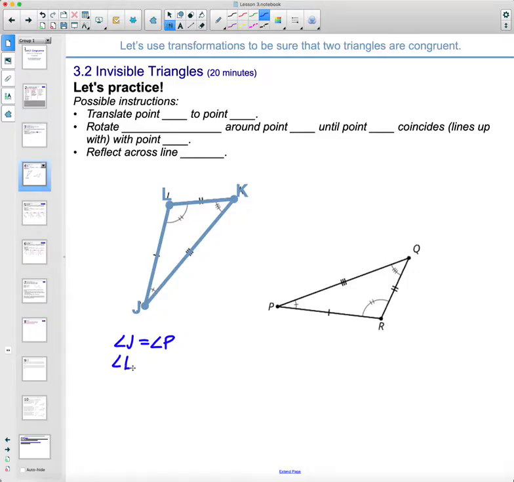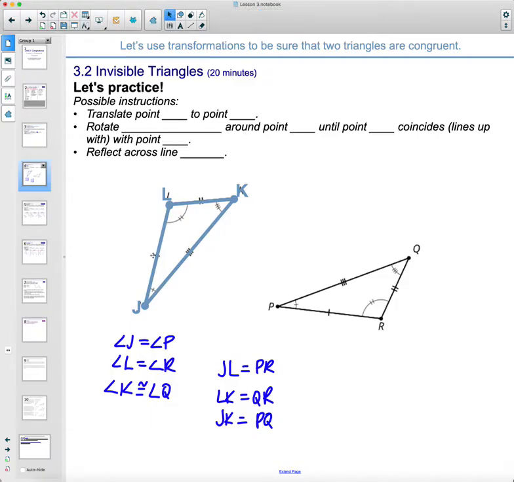We see that angle L is congruent to angle R. We see that angle K is congruent to angle Q. Then we see tick marks on these sides, so we see that side JL is equal to PR. We see that LK, that has 2 tick marks, is equal to QR. And then that JK is congruent to PQ. Okay, so we see this marked up on these pictures.